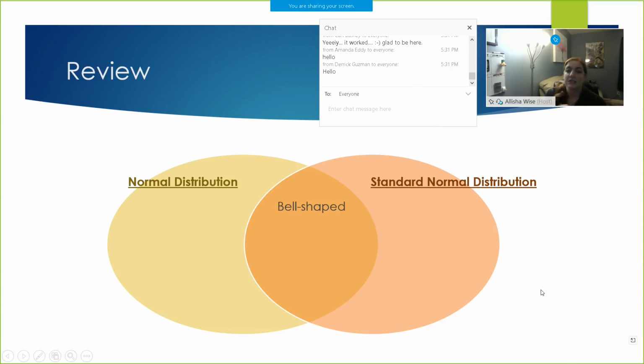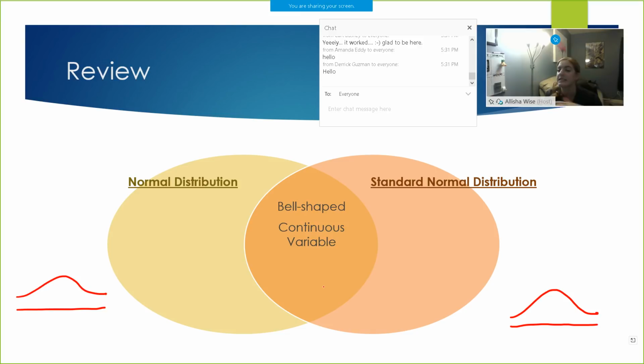Okay. So the things that normal and standard normal both have in common is they both have a bell-shaped curve. So everything in the middle here is what they both have. Both of them had this bell-shaped curve. Now, what else did they have in common? They were both continuous variables, like we talked about, right?